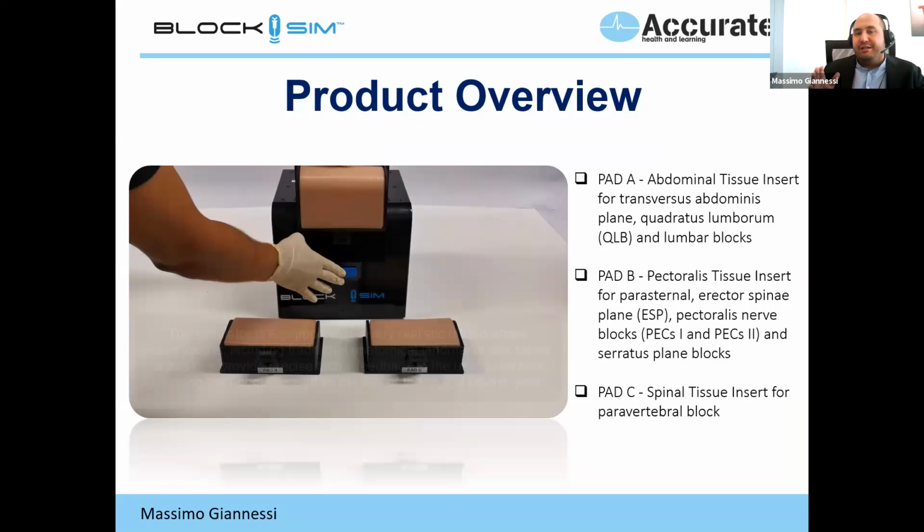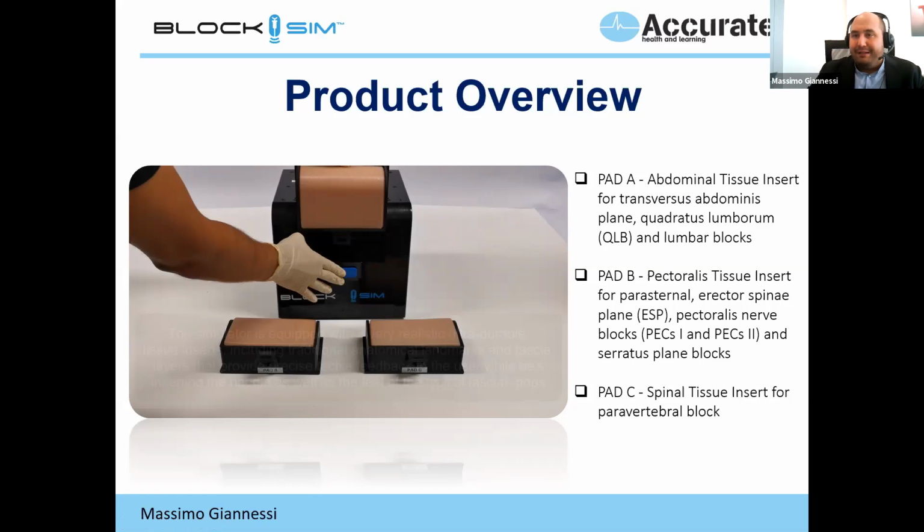The tissue inserts are named pad A, pad B, and pad C. Pad A is the abdominal tissue insert and covers the transversus abdominis plane, usually called TAP, the quadratus lumborum plane, usually called QLB, and the lumbar block.